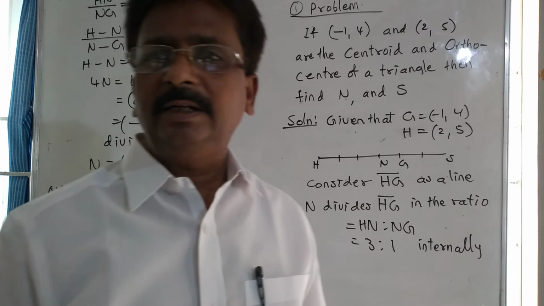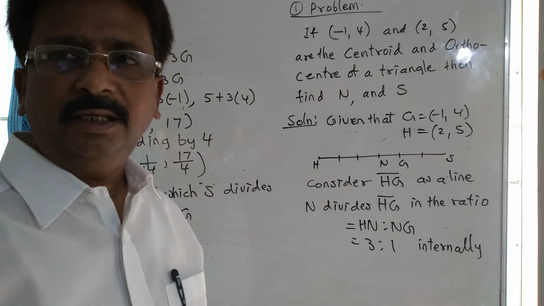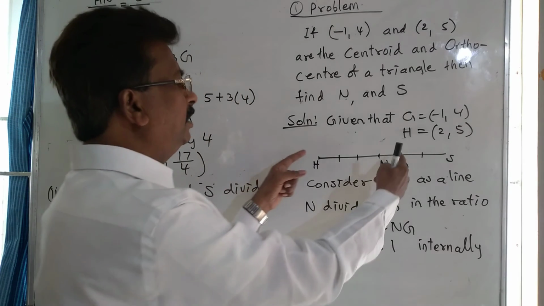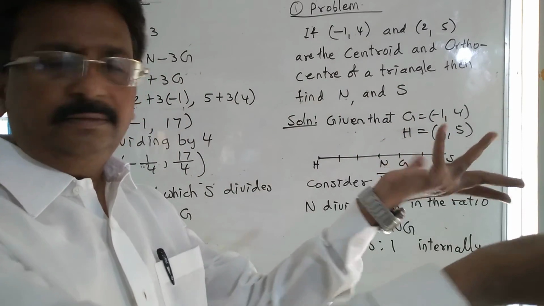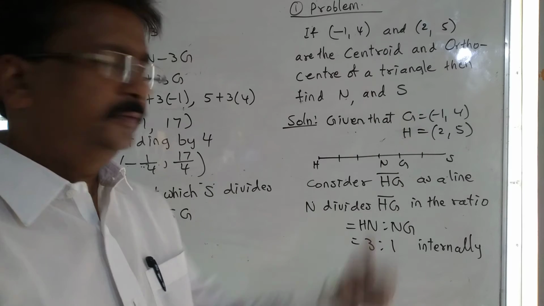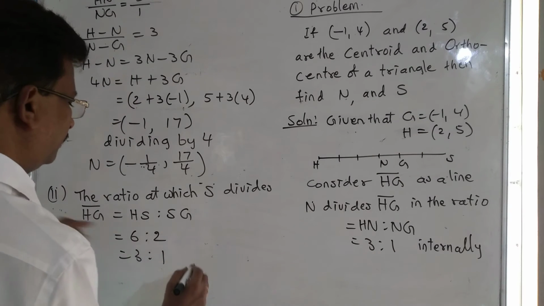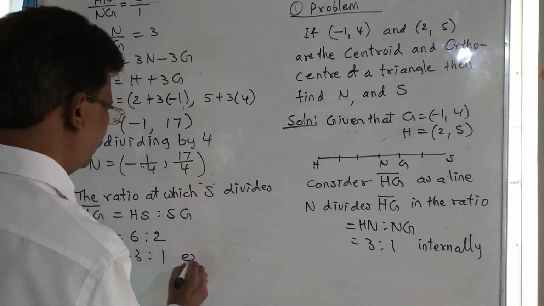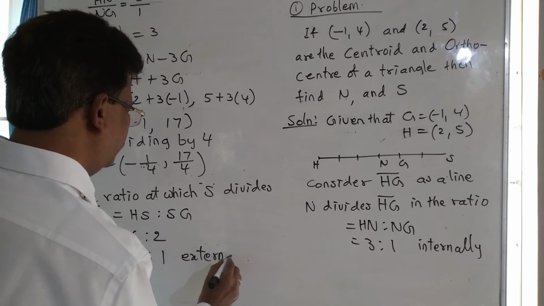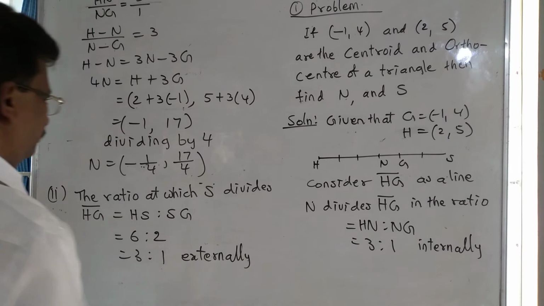But is it an internal point or an external point? External point. Here, HG is up to here, and S lies far away from HG. Okay, S is external, we have to mention that here.